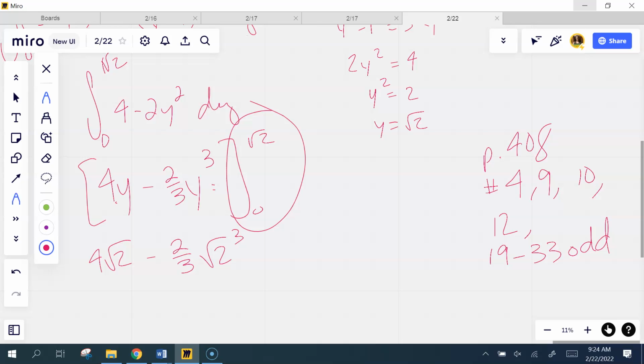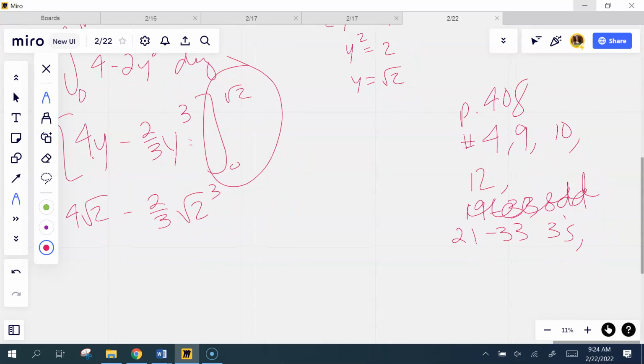I would rather do 21 through 33 threes and then pick up, so 21, 24, 27, 30, and then 33. And then pick up 35.